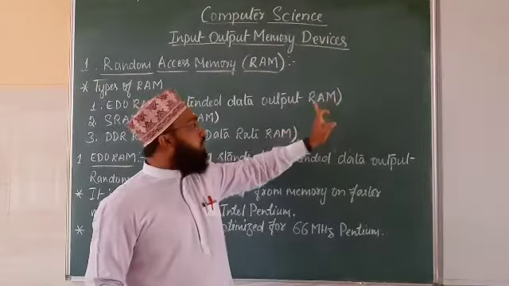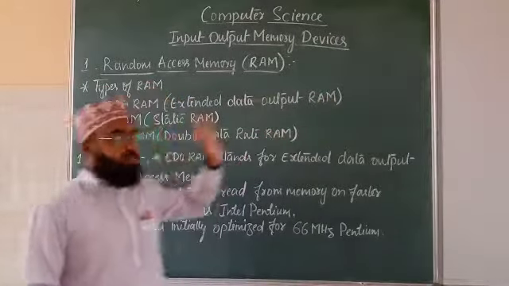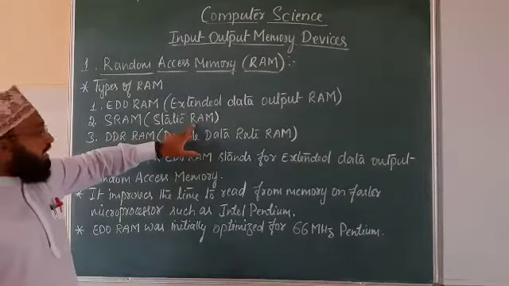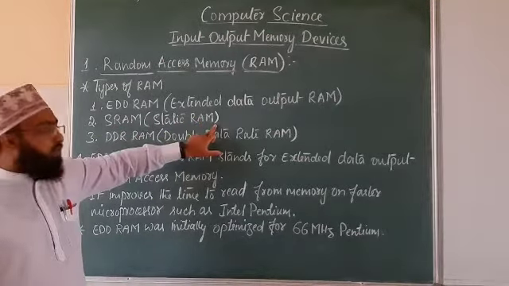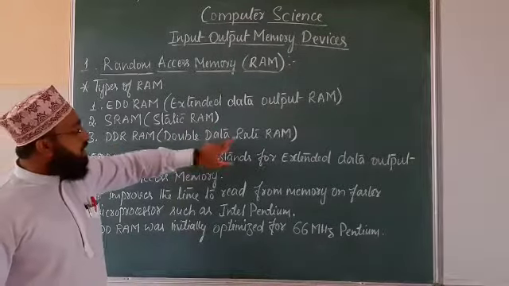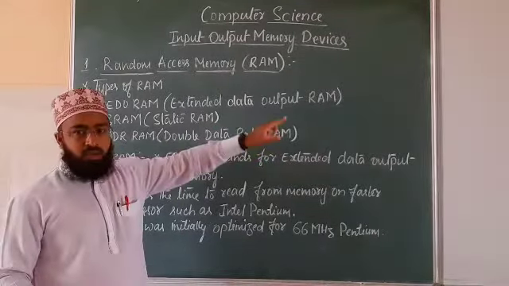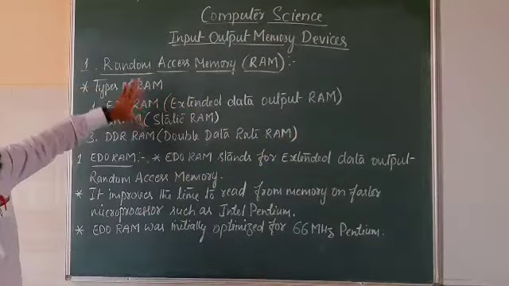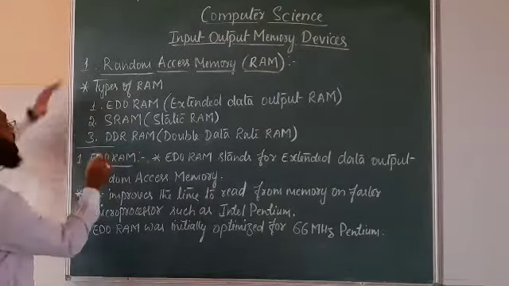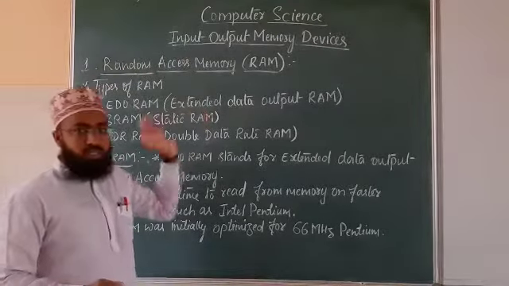While writing, you need to write it out completely. The second is SRAM, static random access memory. Then DDRAM, double data rate random access memory. These are the three types of RAM. Up to here, RAM, that is random access memory, is closed.